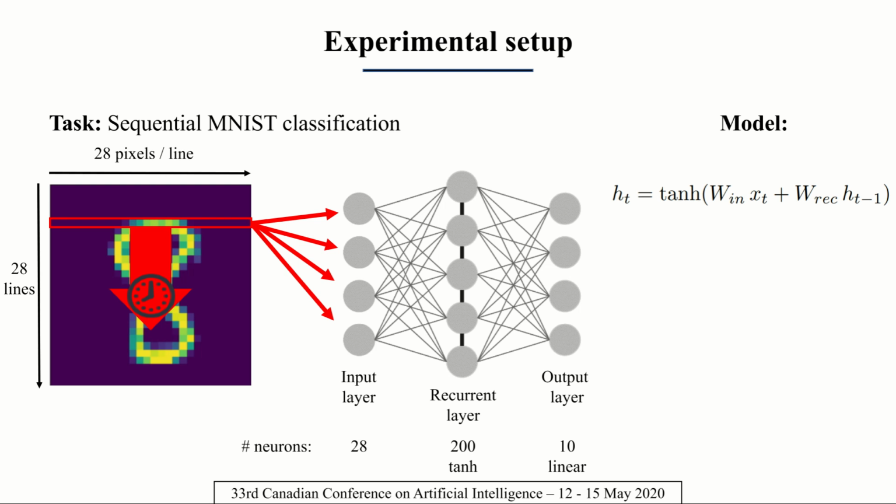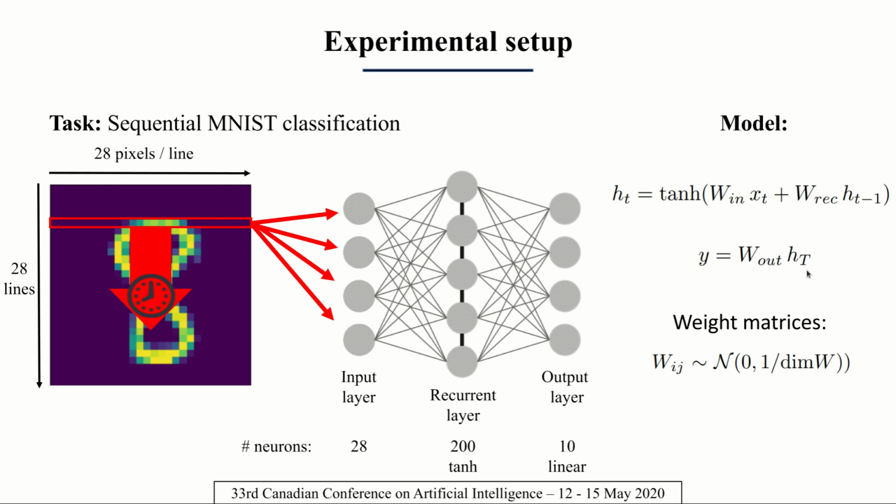Our model was a standard RNN model, where the internal state at time step t is computed by tanh of the input weight matrices times the input at time step t plus the recurrent weight matrices times the internal state at time step t minus 1. At the final time step, which is capital T, we can have a linear readout by multiplying the output weight matrices by the internal state at the final time step.